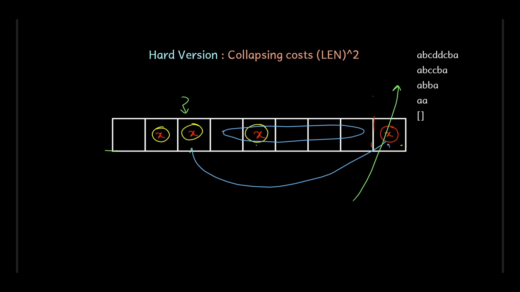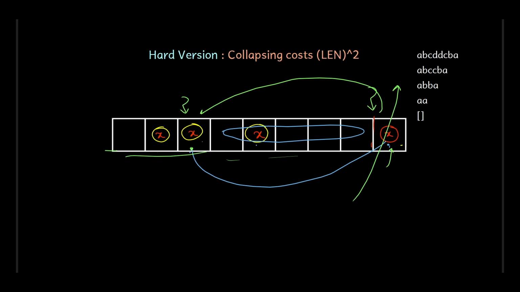But now this cannot be a freeloader anymore because it adds an additional cost because it is present to the left hand side of it. So this time we can't simply ignore this and we compute the DP value of this and then add them.